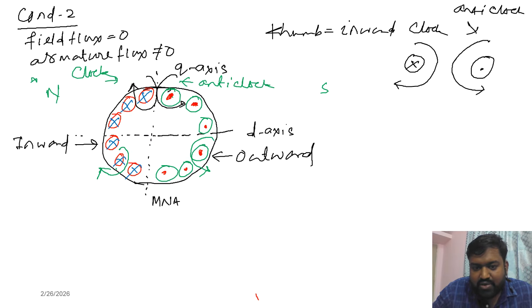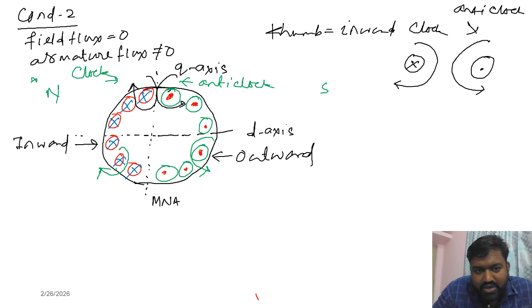Now you have to understand one thing. I have to find out the summation of the armature flux. You see, on the left hand side all the current directions are inward. That means all the conductors will generate the magnetic lines of flux in the clockwise direction.